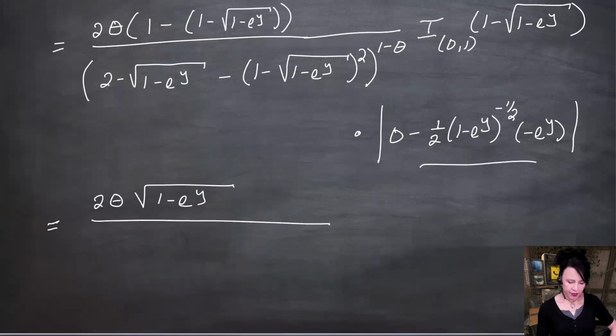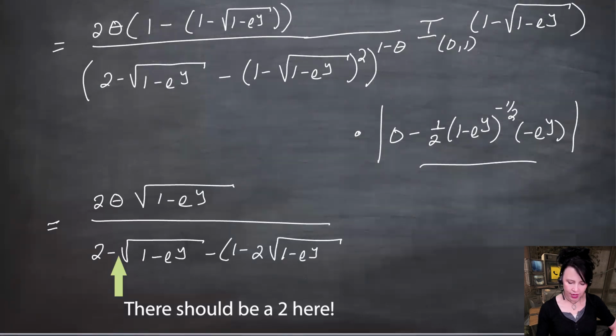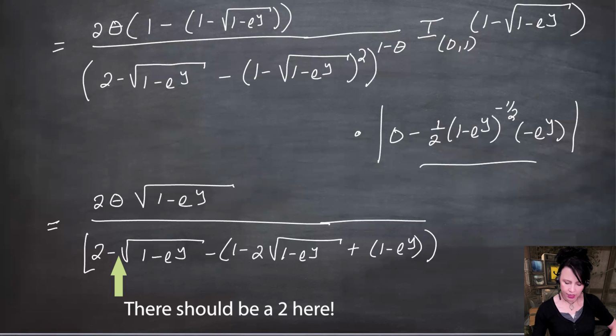Let's square out that thing in the bottom. I have 2 minus the square root of 1 minus e to the y minus 1 minus 2 square root of 1 minus e to the y plus 1 minus e to the y. And then that entire denominator is raised to the 1 minus theta. I'm going to skip the indicator for the moment and simplify this.